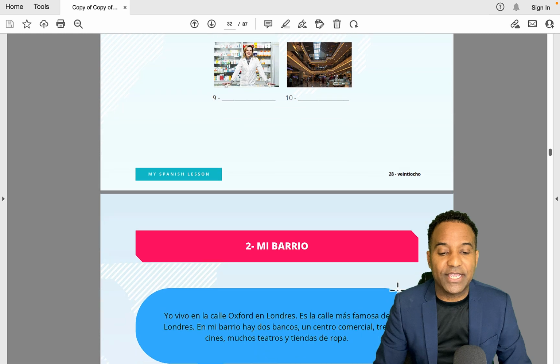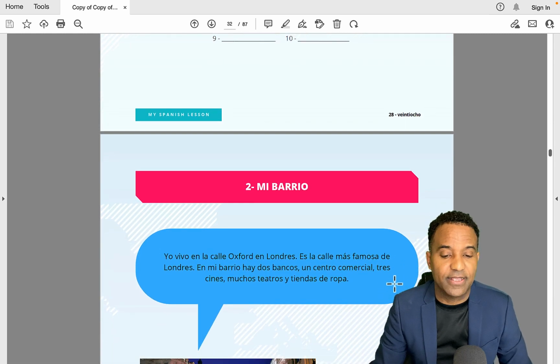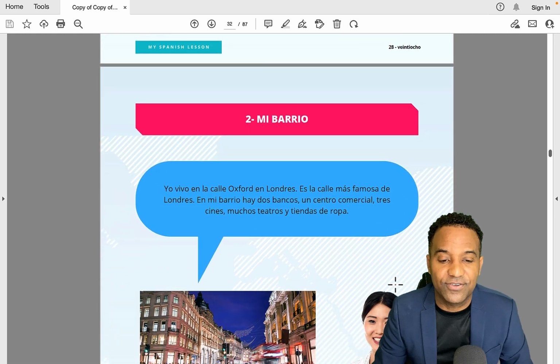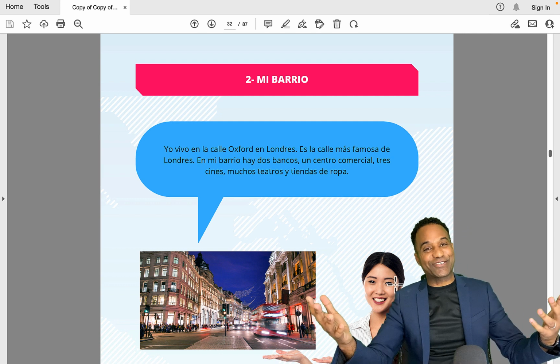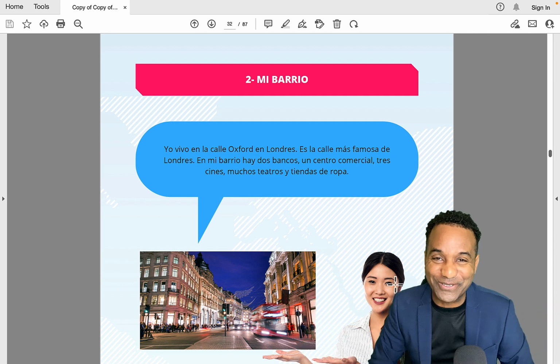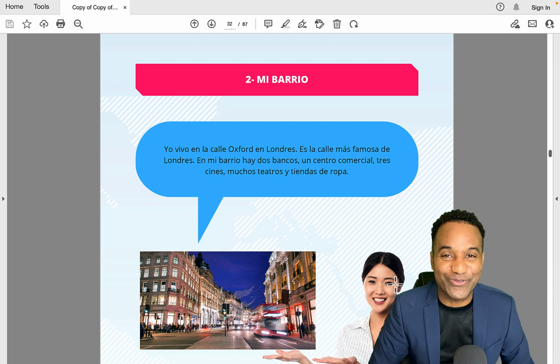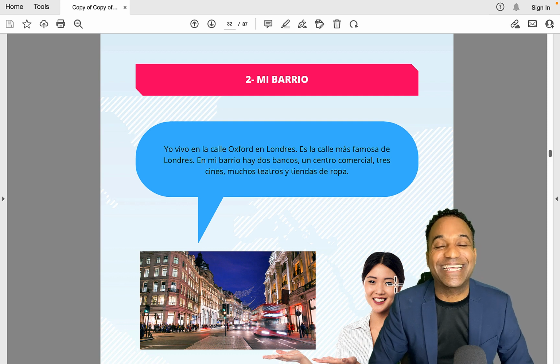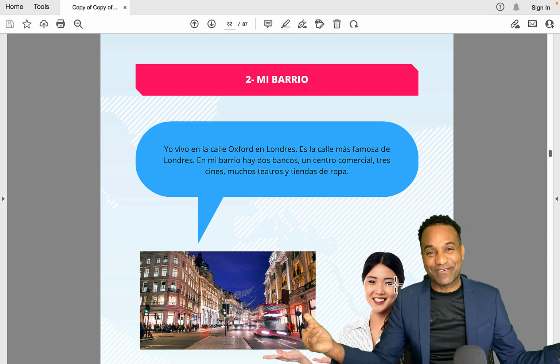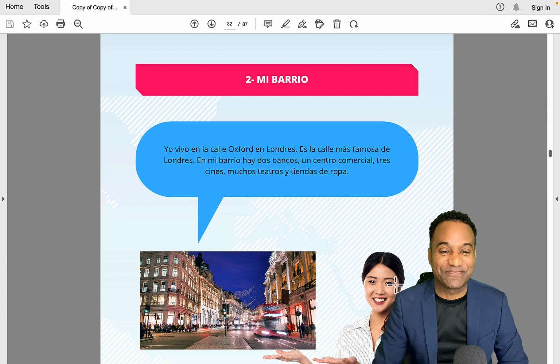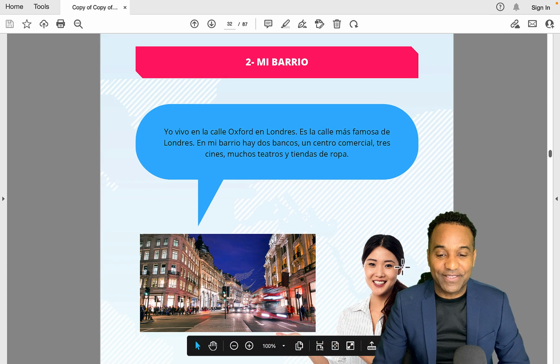So now that you know the vocabulary to describe your neighborhood, let's describe our neighborhood. Vamos a describir nuestro barrio en español. So let's describe our area in Spanish. Here we have this lady.